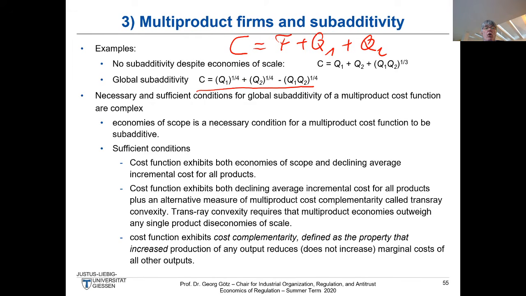You have some product development costs which are common costs for your, say, Golf and Touareg, and then you simply have such a linear cost function. And of course, this would be economies of scope, because it's cheaper to produce both together, because the F is really a common cost here. You would have it twice if you produce both standalone.